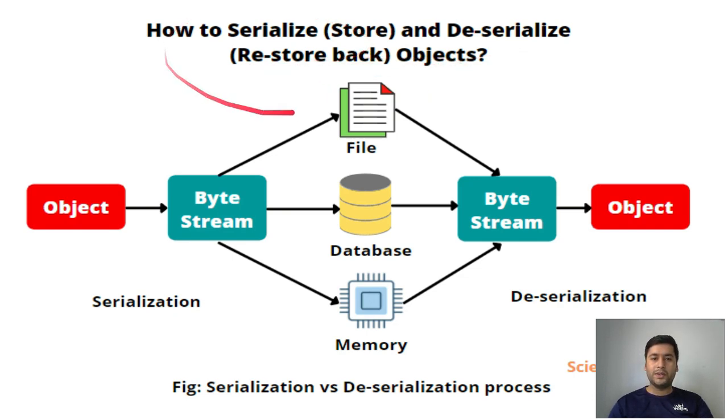For example, this is the object in your Java code, and with the help of serialization we convert it into a byte stream, and then you can write that byte stream into a file, database, or memory. If you want to deserialize that data, again you have to take the help of another class, the ObjectInputStream, and convert this byte stream into the object.